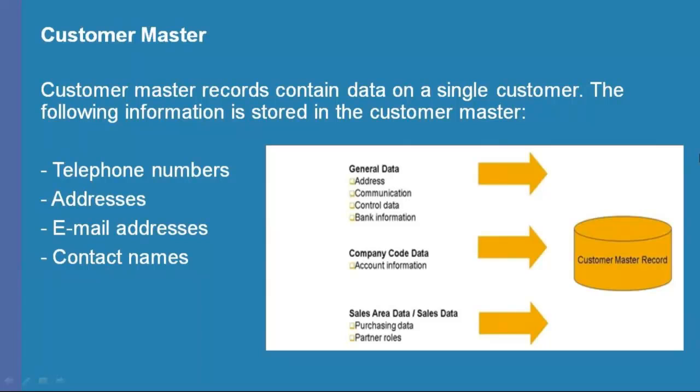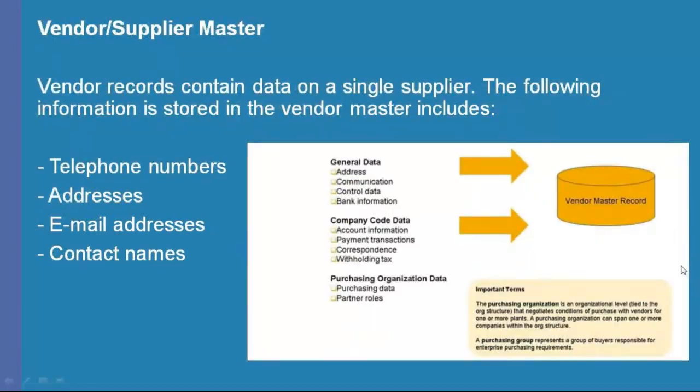Similarly, in purchase org you also have some payment details, etc. So this is the different type of data you need to deal with for customer. First is the customer general data where you have address, communication, bank details, tax details, etc. Then you have company code, then company code account information. Then sales org, some purchase data, etc. So this is how you deal with customer master data as a whole. Then coming to the supplier or vendor master.